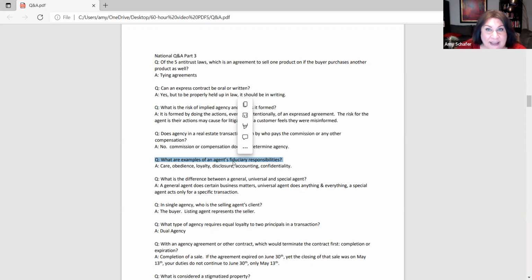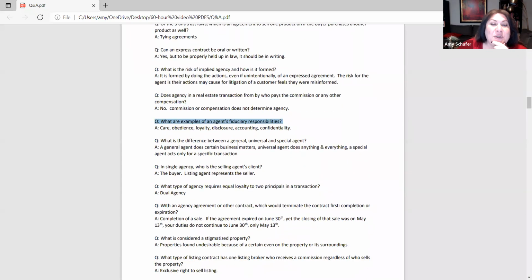And with that, I would say just on these fiduciary responsibilities, you could anticipate 4 or 5 test questions, which would be almost half of the number of agency questions you'll have on the exam. You'll have 10 on agency on the national exam.